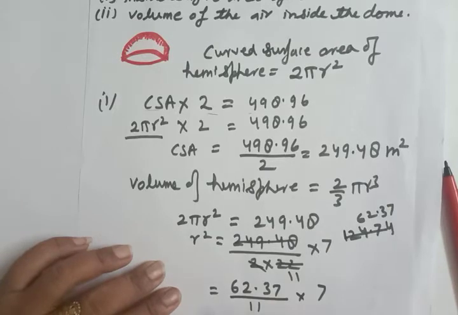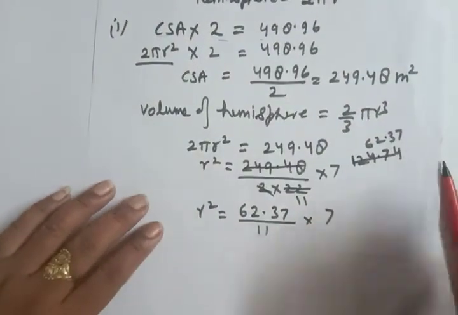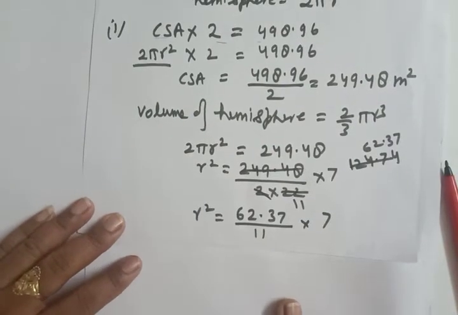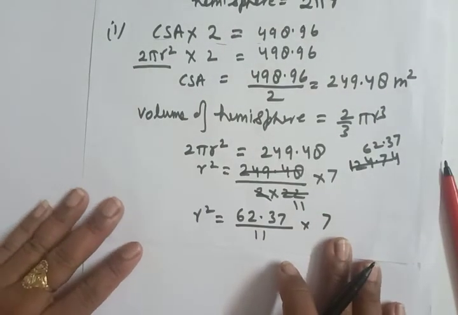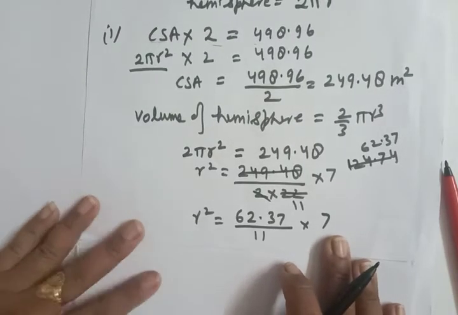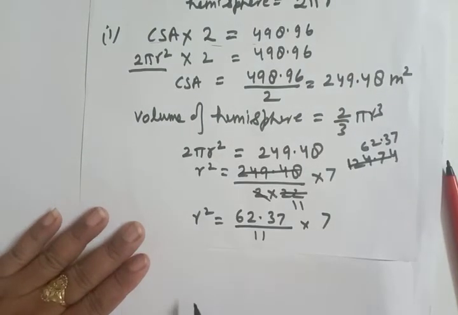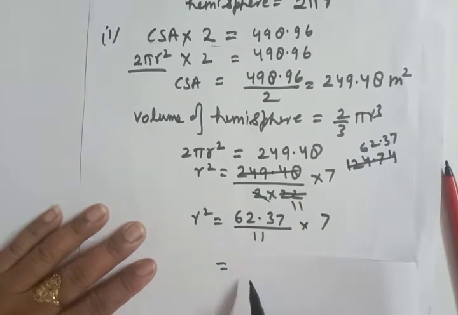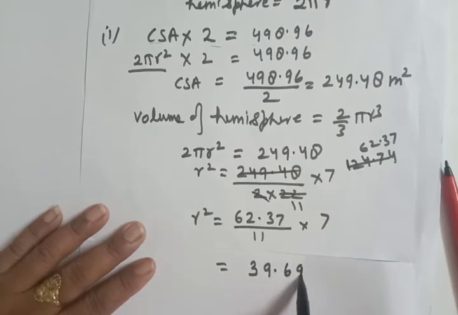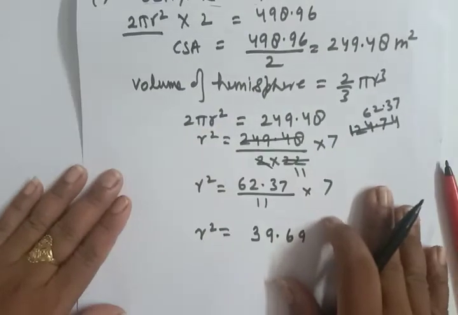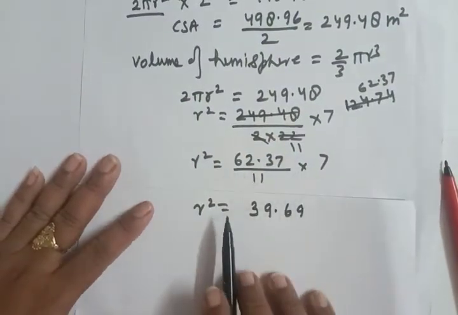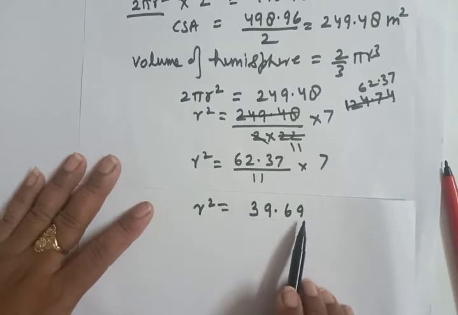When we multiply 62.37 into 7 upon 11, we get r square equal to 39.69.